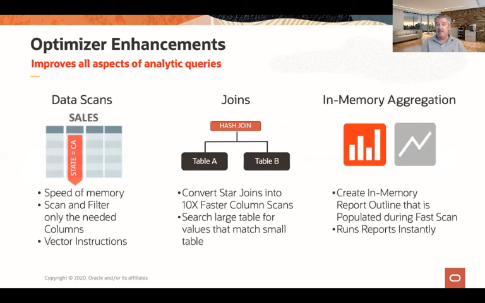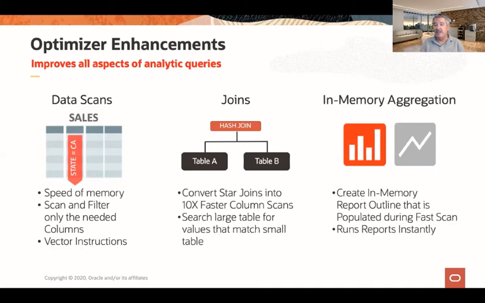In addition to that, the optimizer understands data that's populated in the column store, and at parse time can decide: do I access that data through the row store, maybe through an index, or do I access it through the column store? As part of that decision, the optimizer can choose to push filter predicates and simple aggregations into the scan of the data. It can also change hash joins into scan and filter operations with the use of Bloom filters.